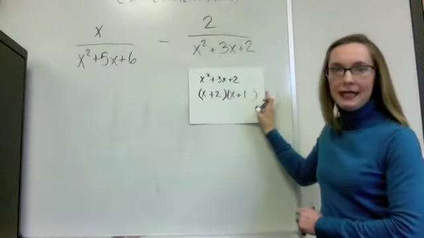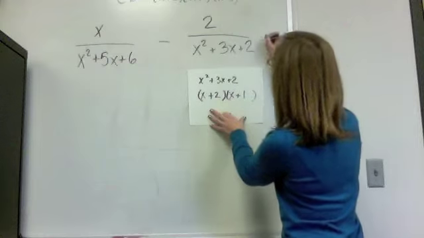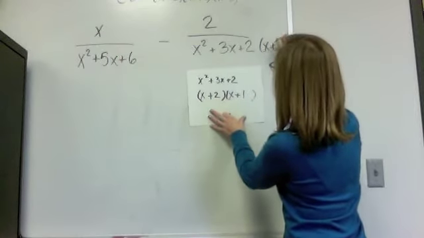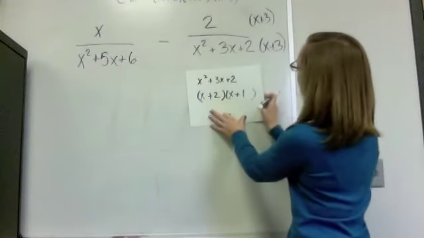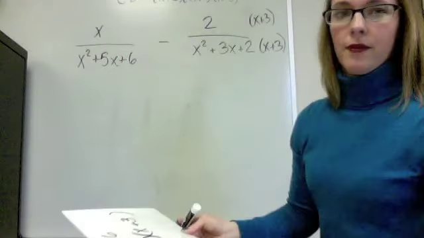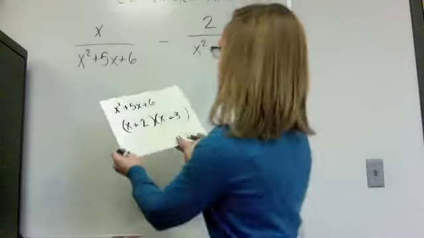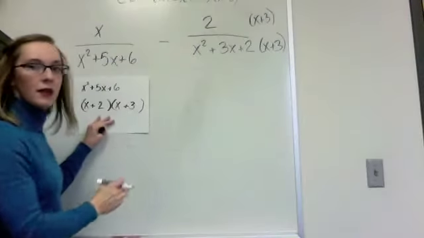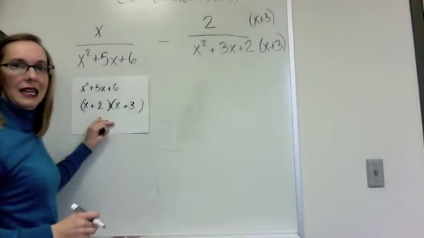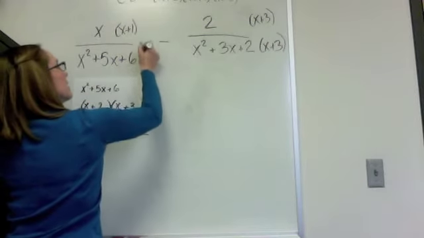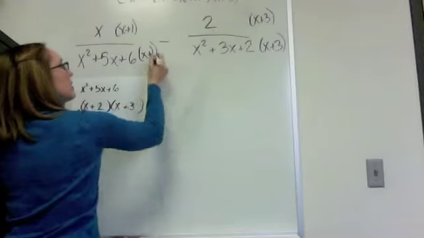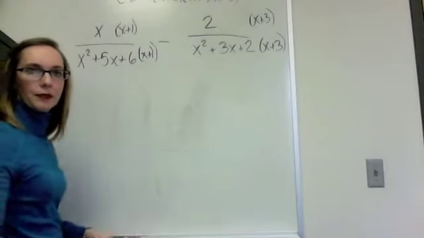This one is missing the x plus 3, so I have to multiply the top and the bottom by x plus 3. This one over here is missing the x plus 1, so I'm going to multiply top and bottom by x plus 1.